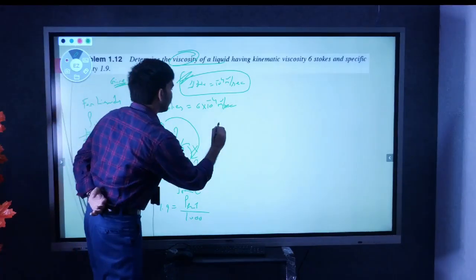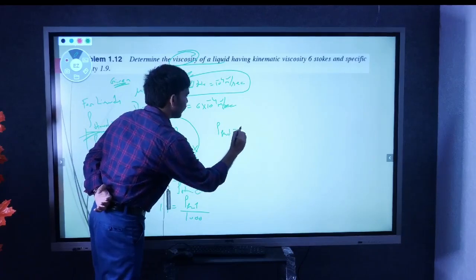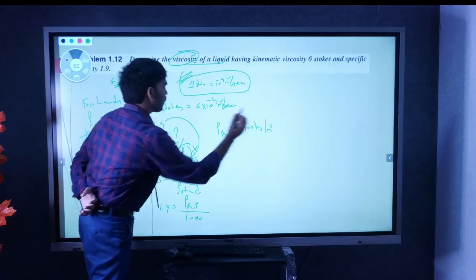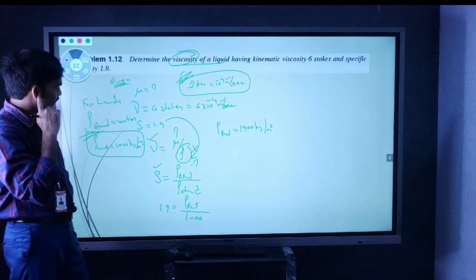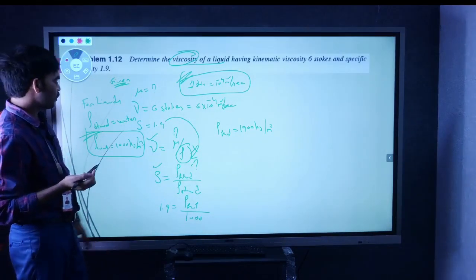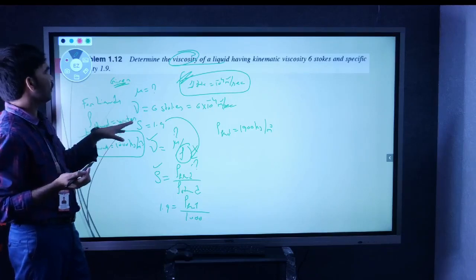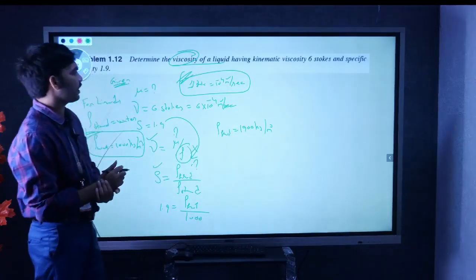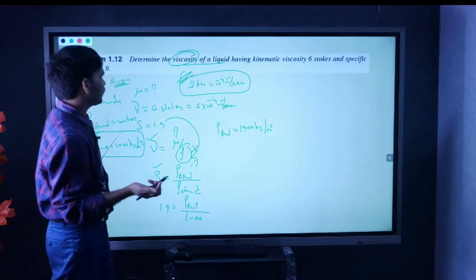That means the density of the fluid is 1900 kg per meter cube. So whatever the liquid used in this problem has a density of 1900 kg per meter cube, right?